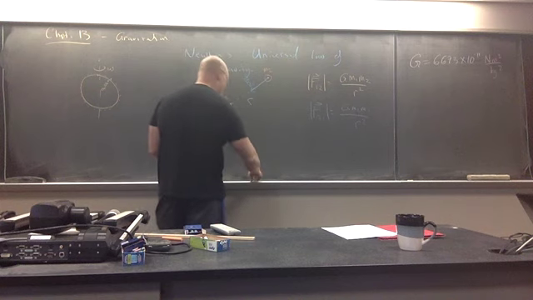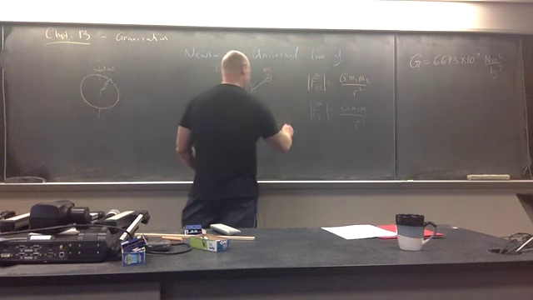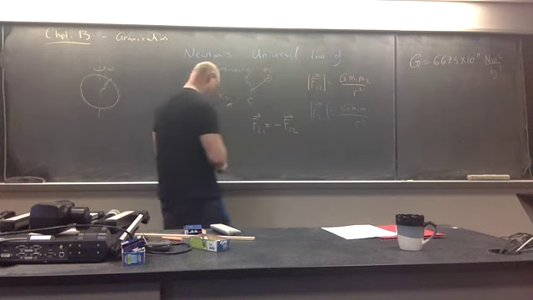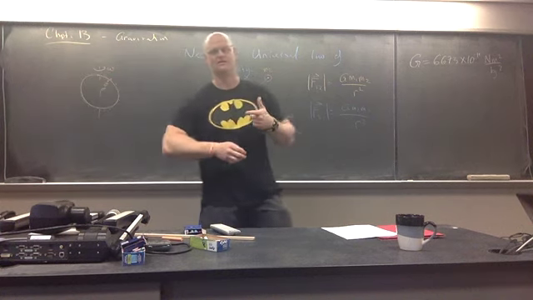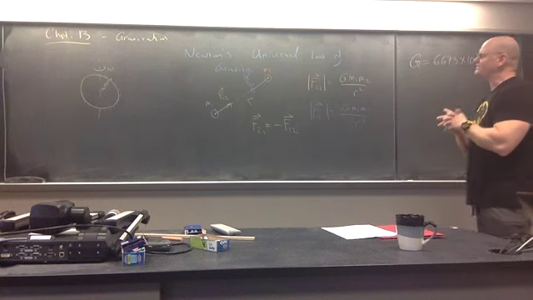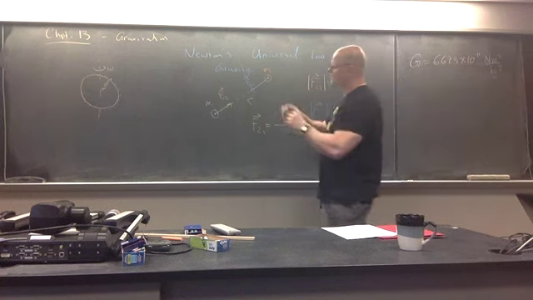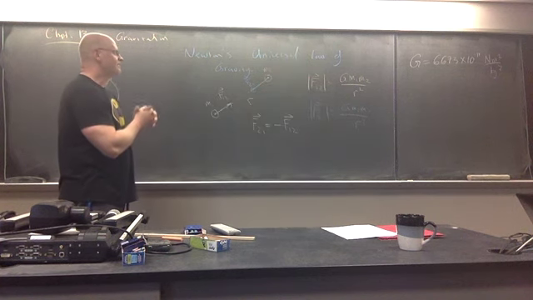So this tells us that the force on 2 by 1 is exactly equal to negative the force on 1 by 2. Which means that Newton's universal law of gravity actually satisfies Newton's third law. For every action, there is an equal and opposite reaction, so these are attracted to each other with exactly the same magnitude, just in opposite directions.